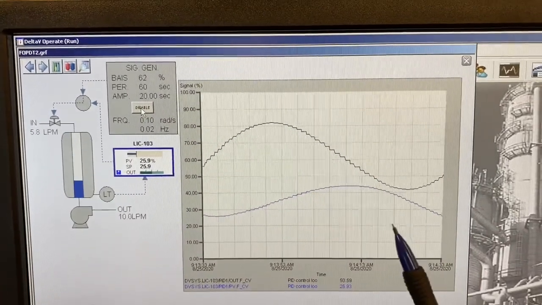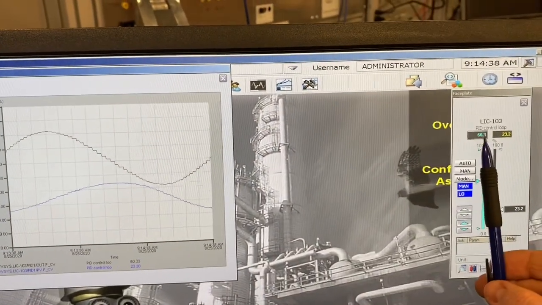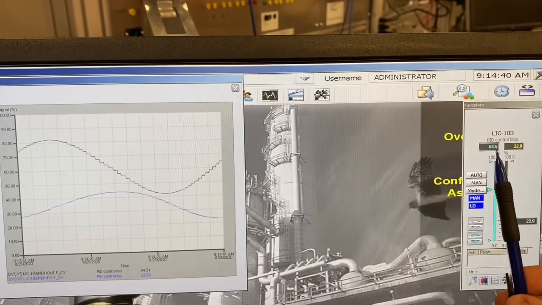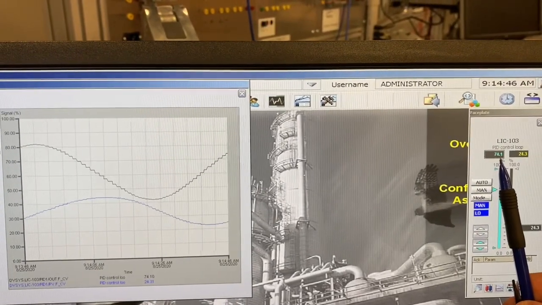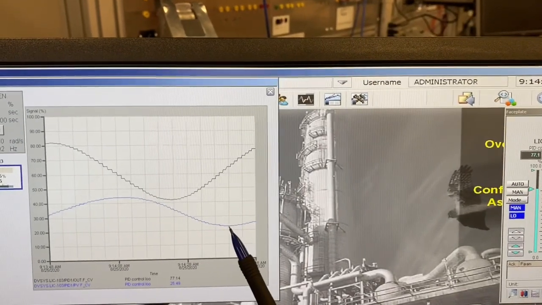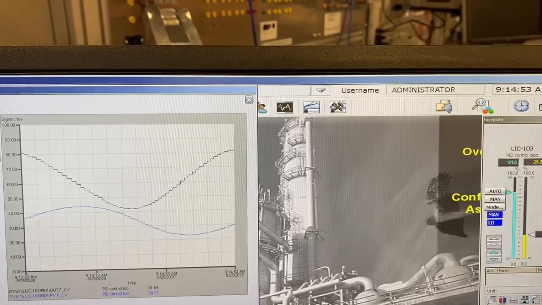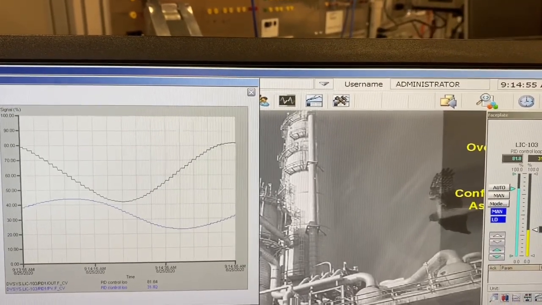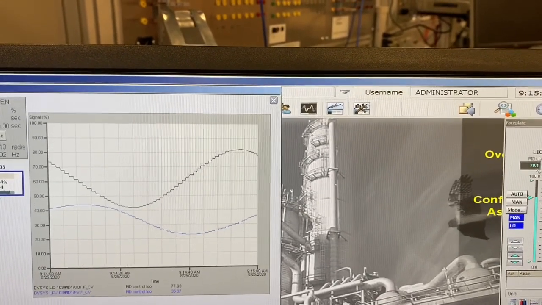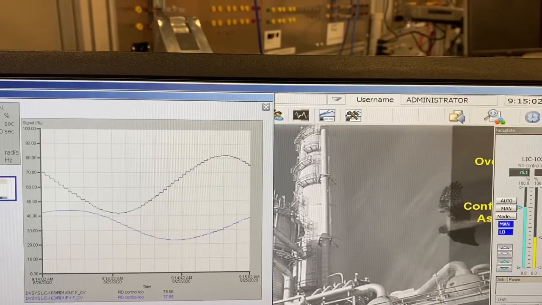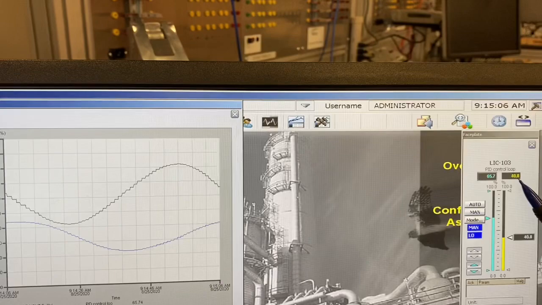So let's have a look here. We're going to drop down, and we'll have a look at this value here. We'll record it. Or sorry, we're looking at the wrong thing. That's the controller output. We want to look at this guy. So let's get it at the high end here. It's going to probably change right away. 39, 40.